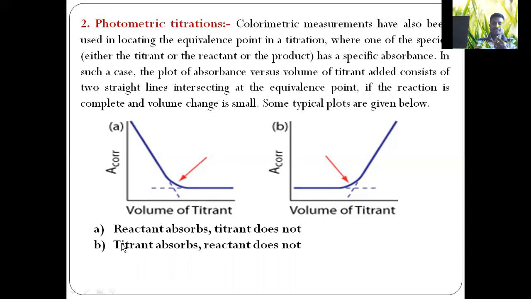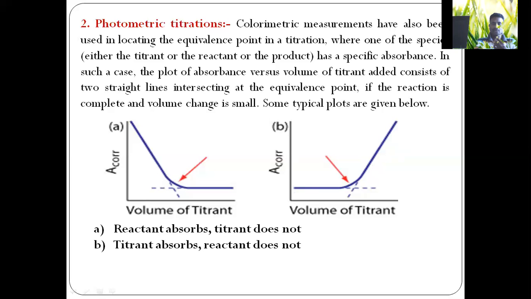And in the B type graph, the titrant absorbs, and the reactant does not absorb. That is why the graph is like this. When you extrapolate these two straight lines, they intersect at this point. This is called the end point or equivalence point of the titration.